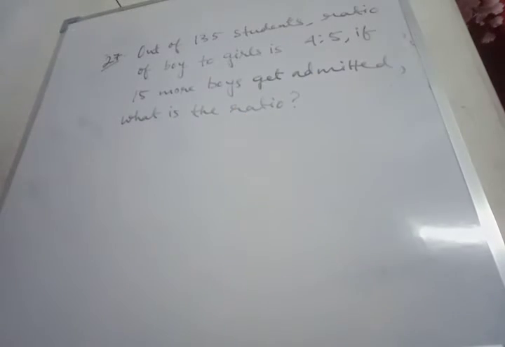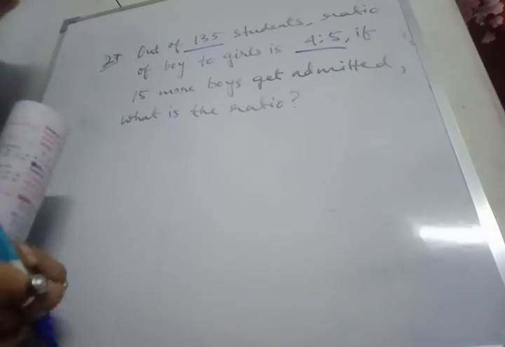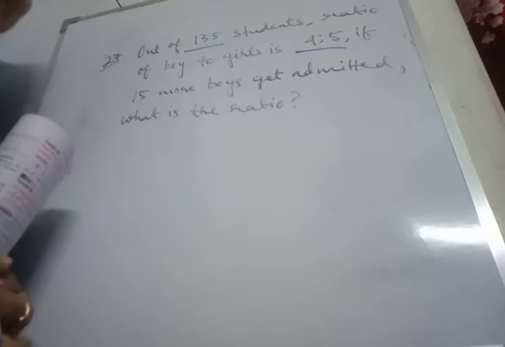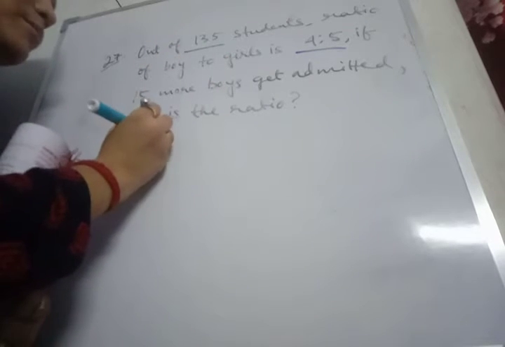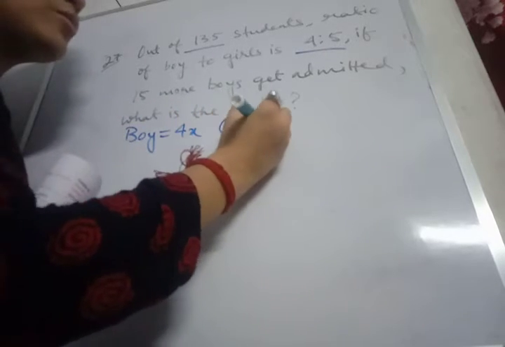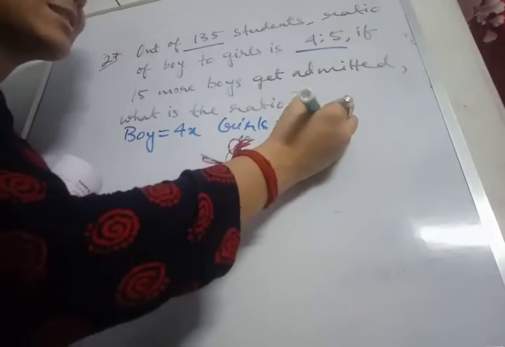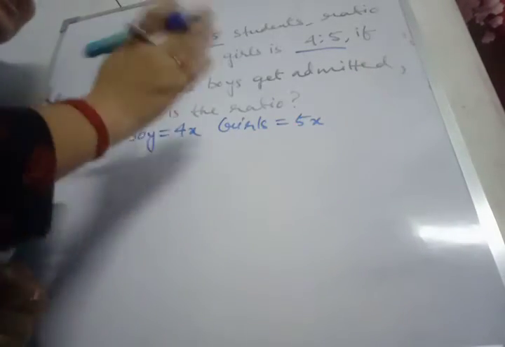So initially what is given? Initially we have total 135 students. Then the ratio is how much? The boy to girl ratio is 4:5. So we take the common unit as x. So my boys number will be 4x and girls number equals 5x, if I consider x be my common unit. So we have the total students as 135. This is the initial one.